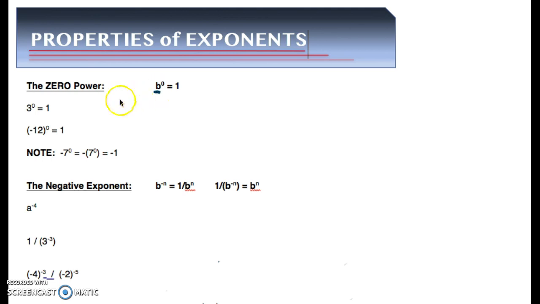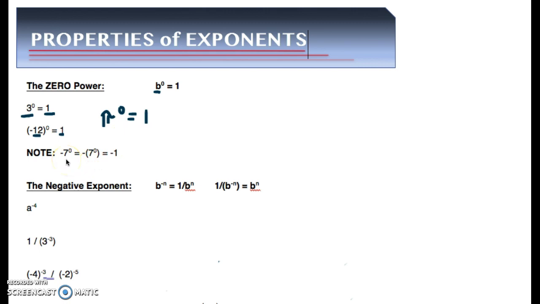But the truth is any base, there's my example, base 3 to the 0 is 1. Base negative 12 to the 0 is still 1. I could have pi, 3.14159 goes on forever, to the 0th power. My answer is still 1.